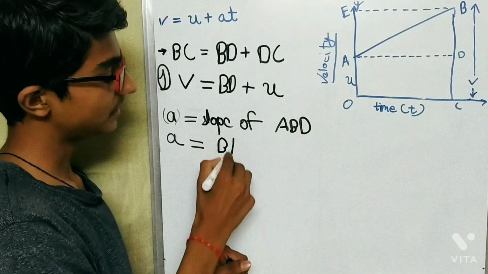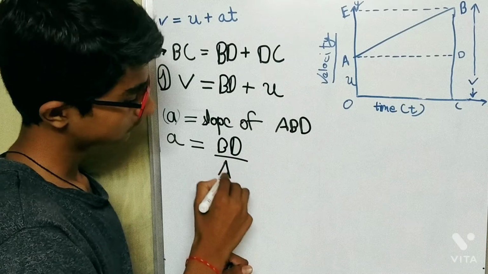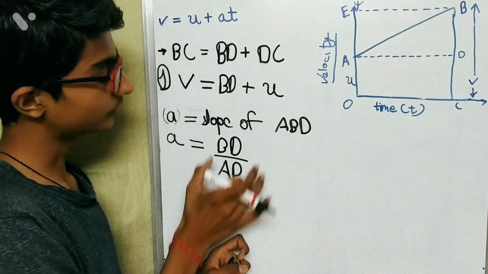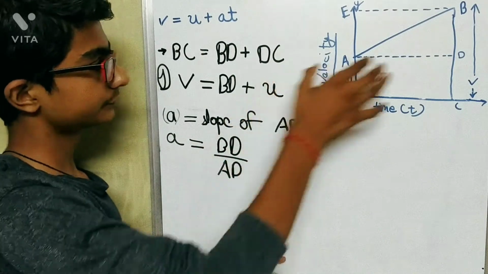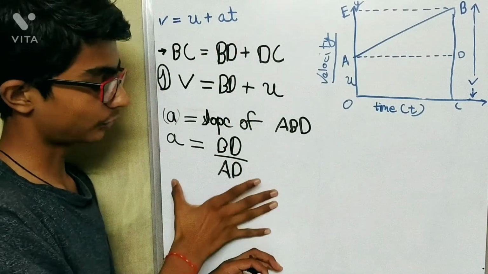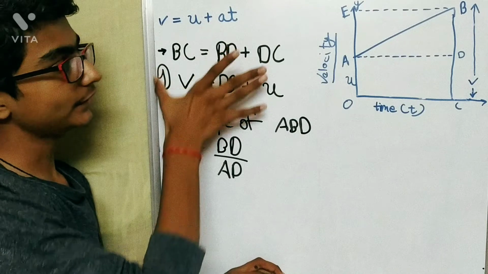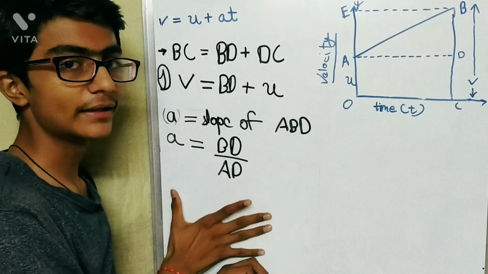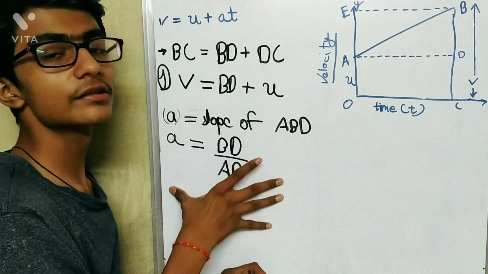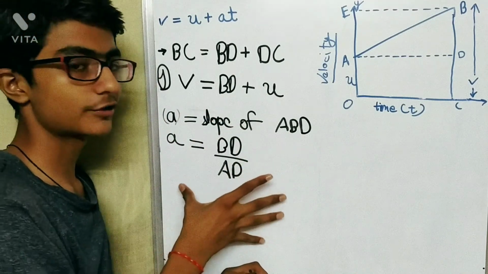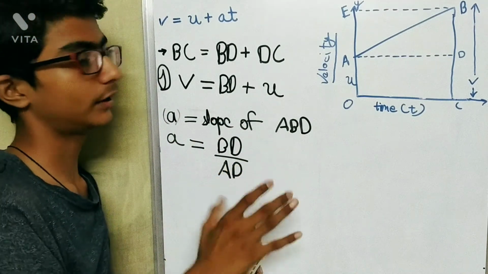Here we will write BD upon AD. So now I hope you understood this process. It is actually complicated to understand the first time, so try to watch this with very high concentration, because it is very important.